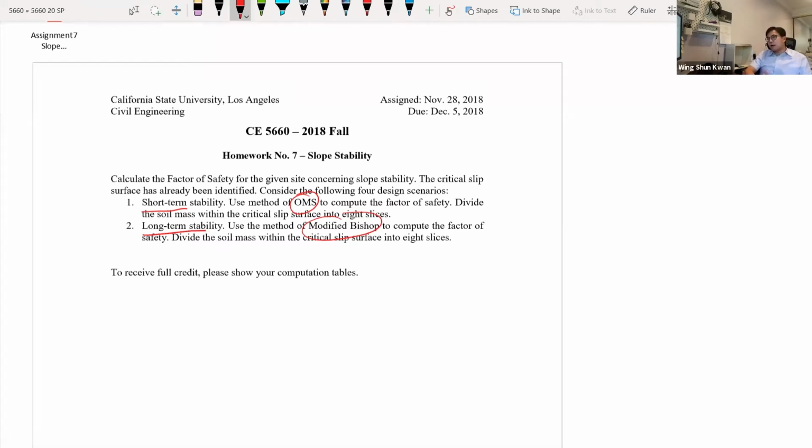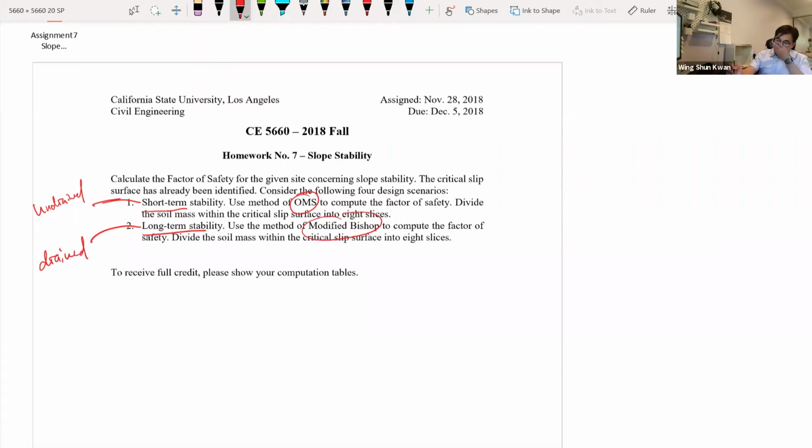We have been talking about this throughout the whole semester, and in design you need to think about it all the time. Should it be drained or undrained? Short term or long term? So short term in most cases means undrained, right? And long term, in many cases, means drained.